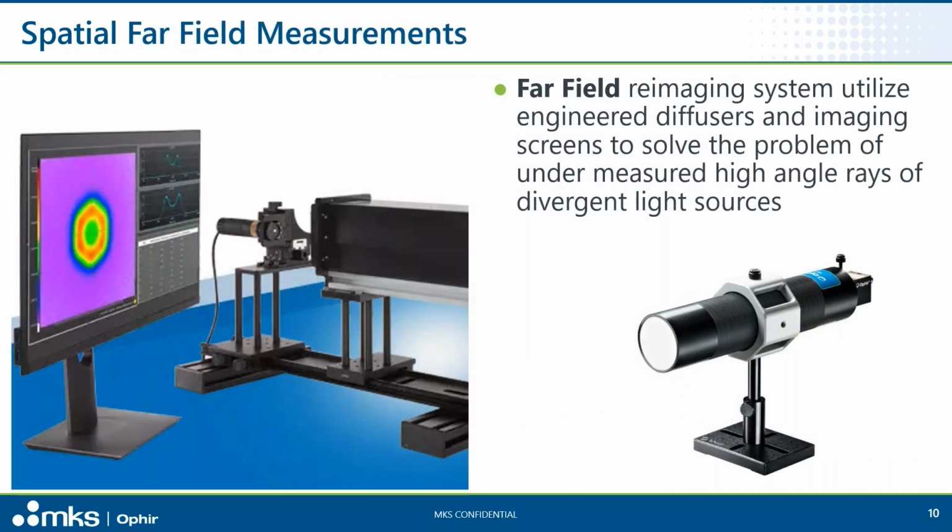Reimaging systems such as Instrument Systems VTC 2400 and MKS Ophir's Wide Beam Imager, or WBI, reimage the spatial intensity distribution by imaging a diffuser or target screen on which the far-field pattern of the laser is impinged. Ophir's WBI products utilize a special diffuser that has a wide range of acceptance angles. This is so high-angle rays are treated with fidelity.